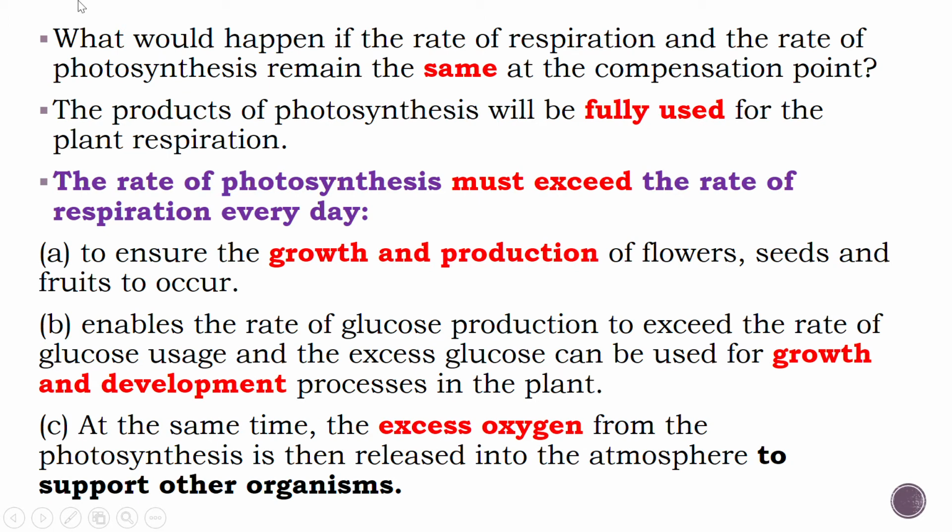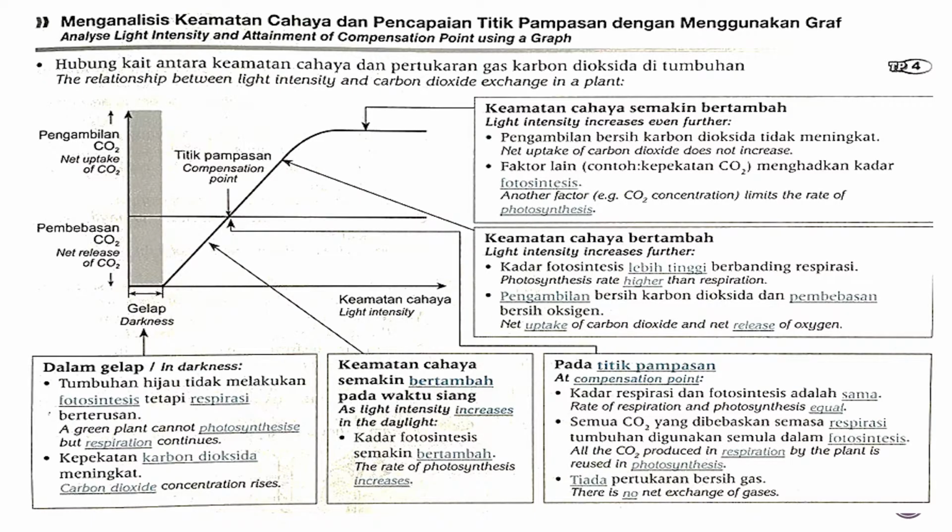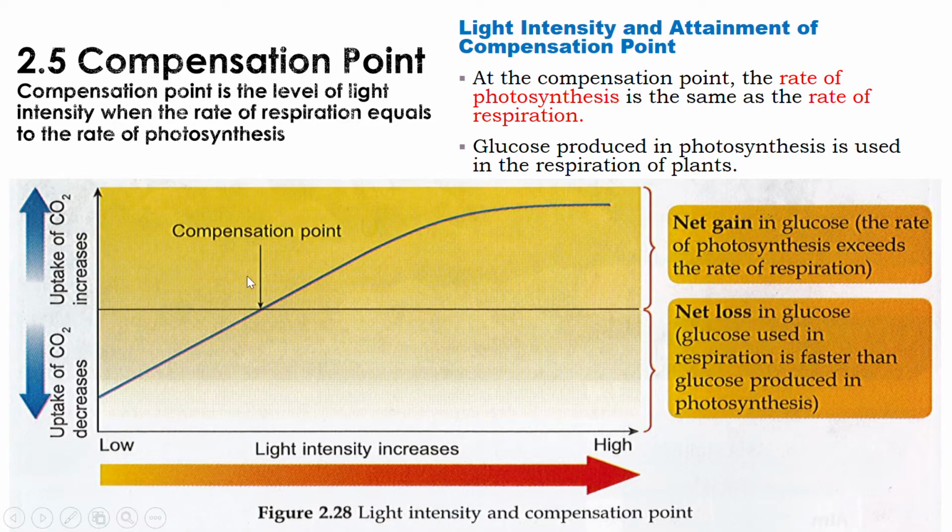Okay, so imagine what will happen if the rate of respiration and the rate of photosynthesis remain the same at the compensation point. Do you understand the question? What if it remains here at this point, where the rate of respiration and the rate of photosynthesis remain the same?